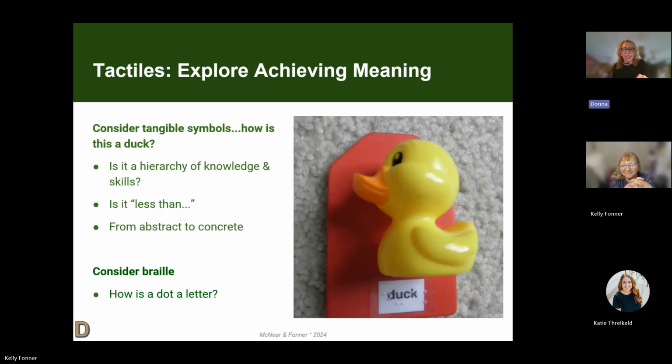But it's that understanding that it's not necessarily a hierarchy of knowledge and skills. So if you think back to the little boy looking at the refreshable book, he didn't have to have experience with a helicopter in that refreshable book to pretend with and learn and use the concept of helicopter in that book.